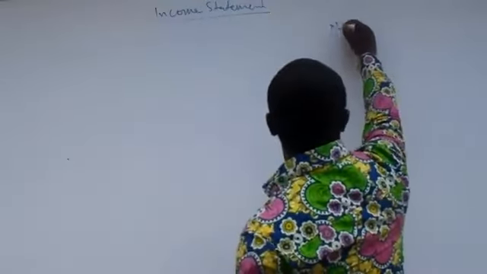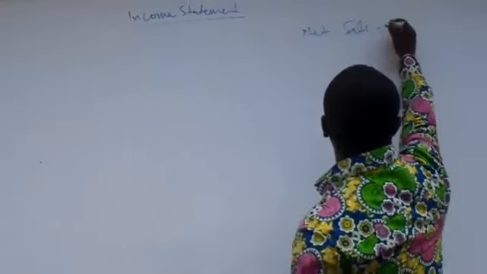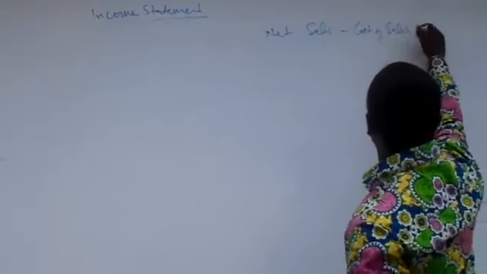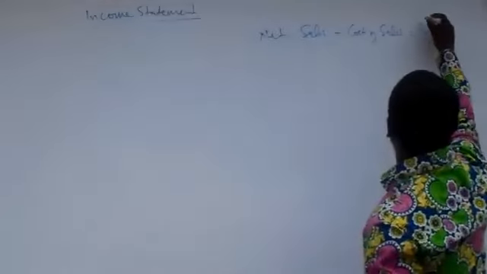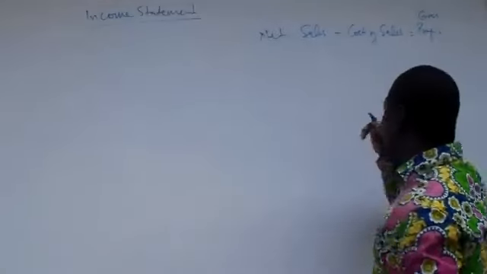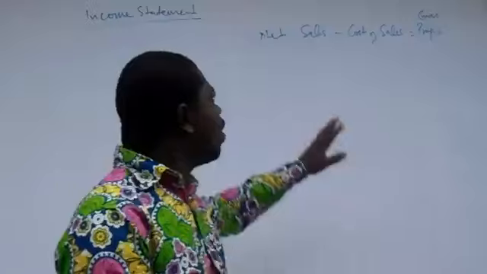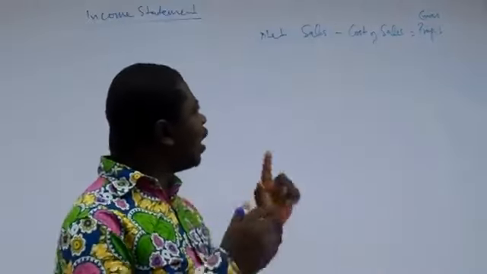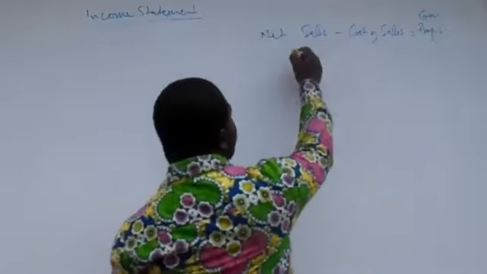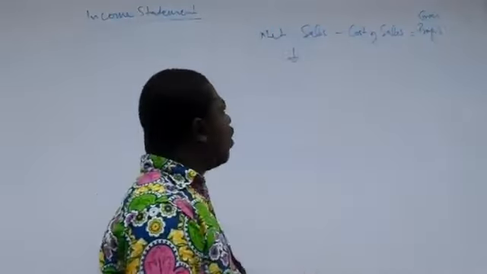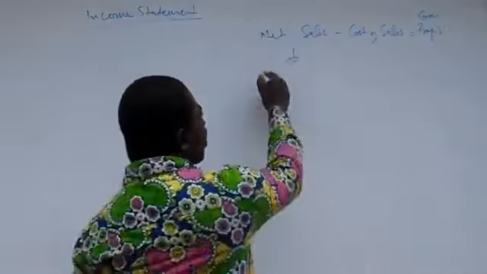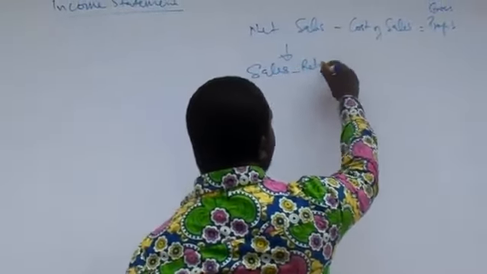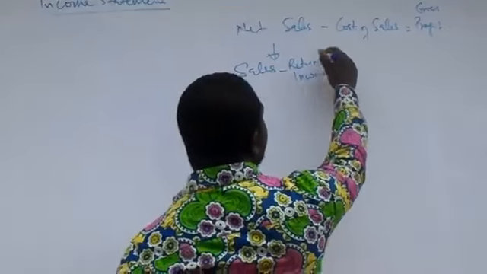Okay, so like I said, our net sales minus cost of sales equals our profit, or our gross profit. All right, so this is basically what we need as an equation. Now take note that in order to get the net sales, it is your sales minus your returns inwards, or what we call sales returns.